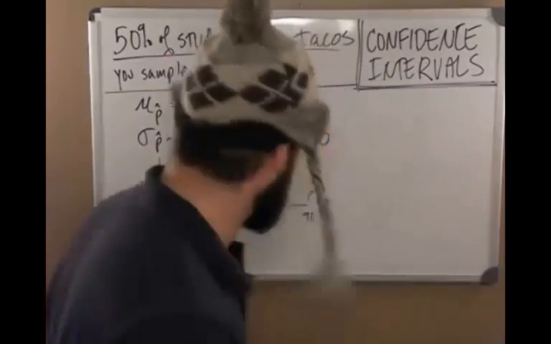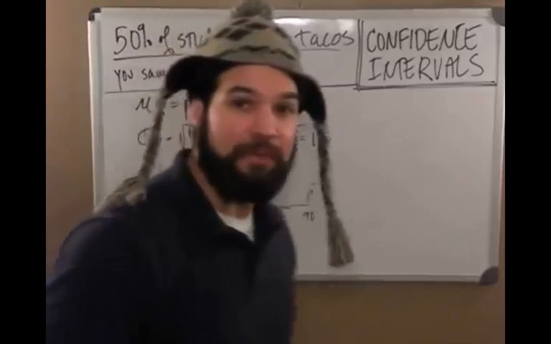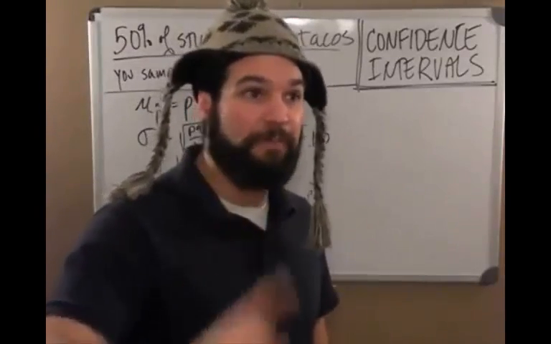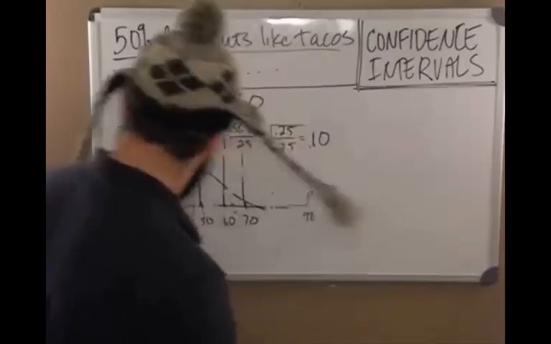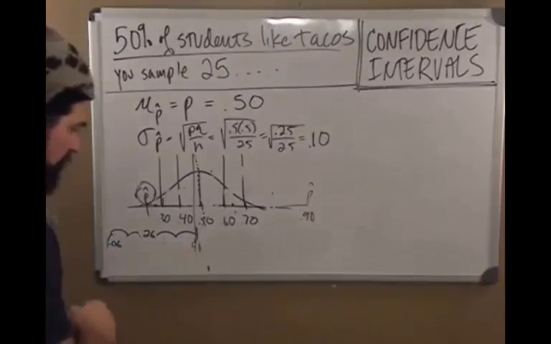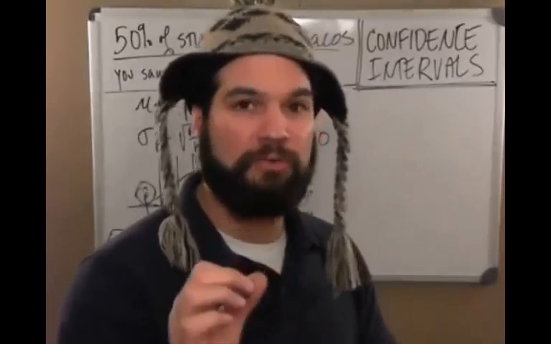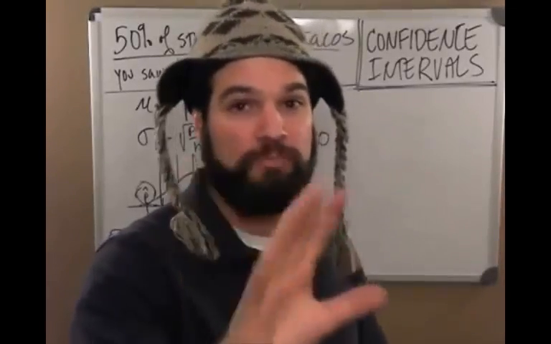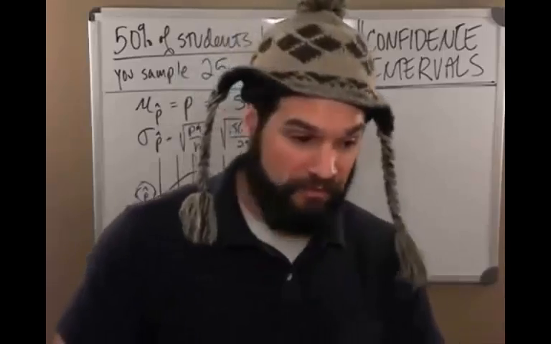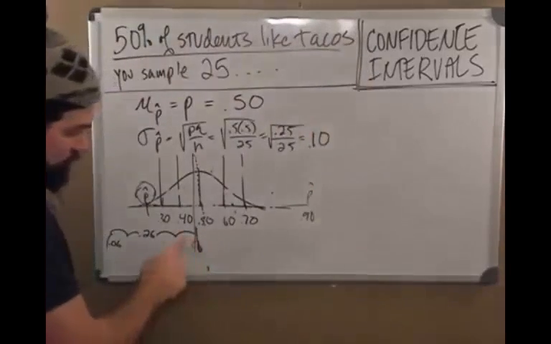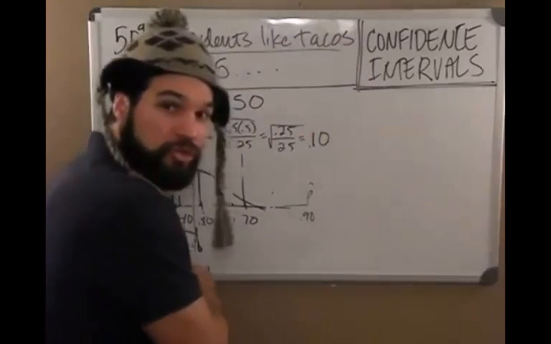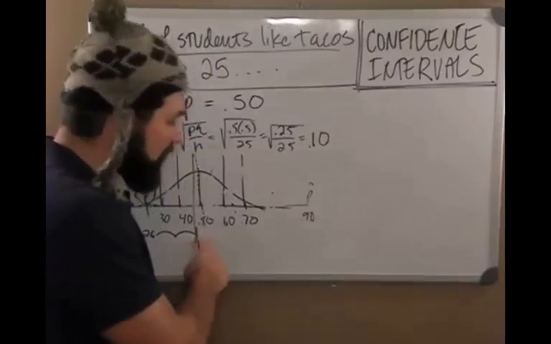Here's what people sometimes say: there's a 95% chance that the true mean is between 0.06 and 0.46. Well, that's not quite true, because you're making it sound like the true proportion moves around. Sometimes 42% of the population like tacos, but then sometimes 62%.